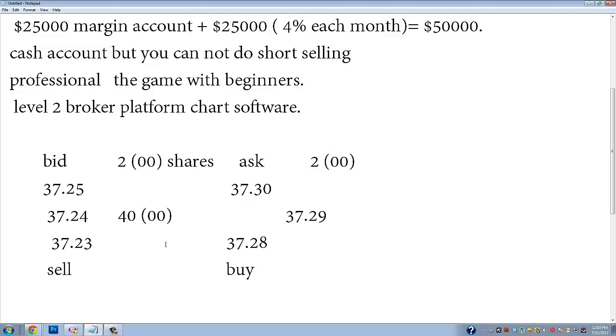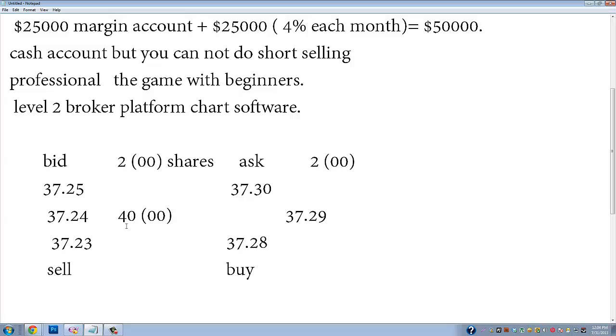Now this balance affects the price, so people see how many shares are offered for the ask, and how many people are selling. If the selling is more than the buying, it means the price goes down. So the day traders know previously where the price is heading. That's why they buy and sell according to this level 2. That's why it is professional.